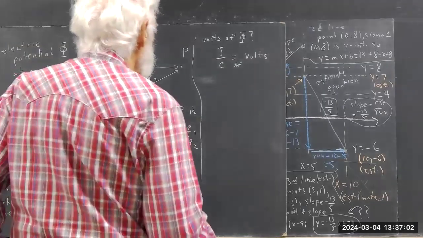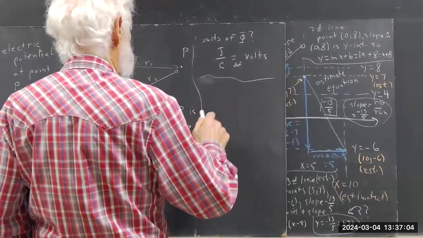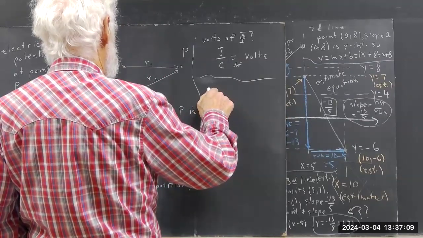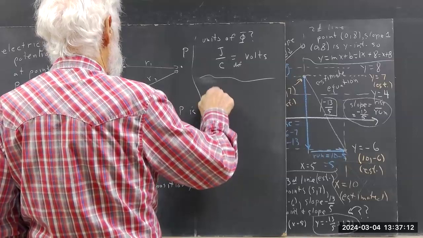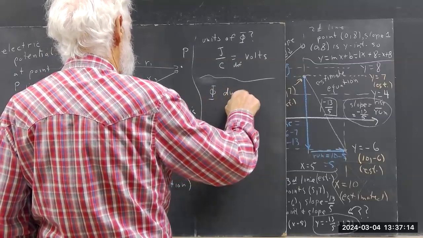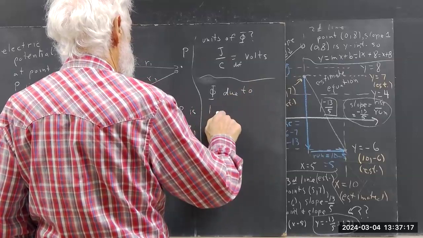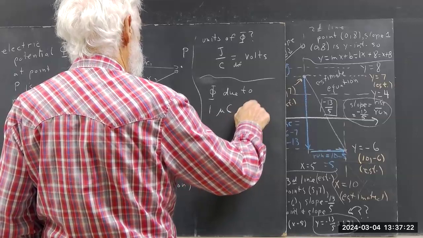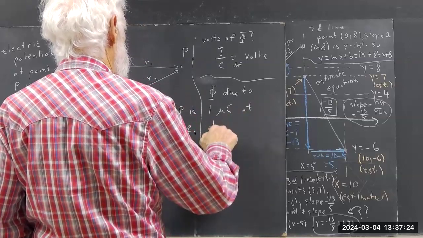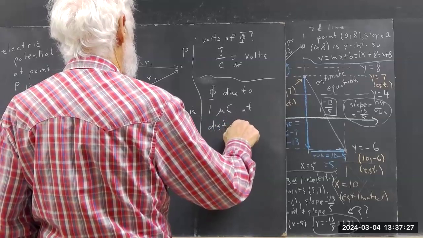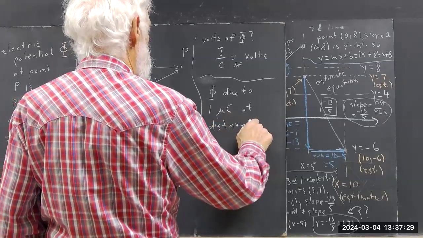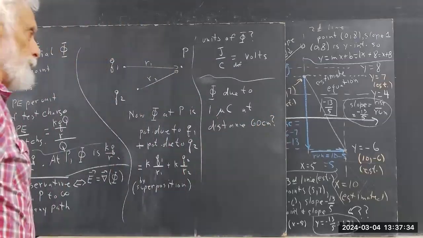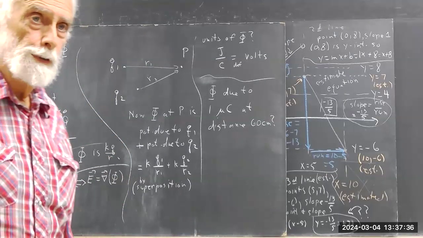Okay, so let's do just a quick example. What's the potential due to 1 microcoulomb at a distance of 60 centimeters?